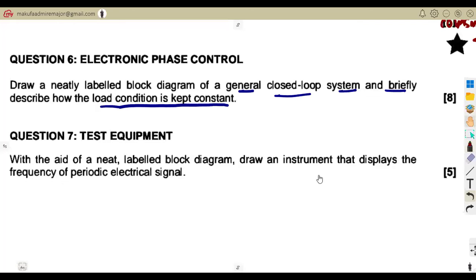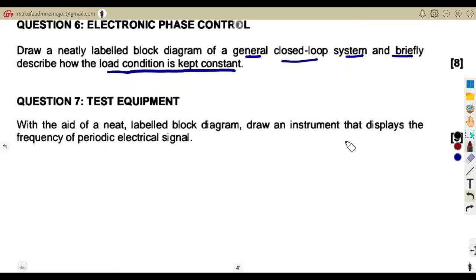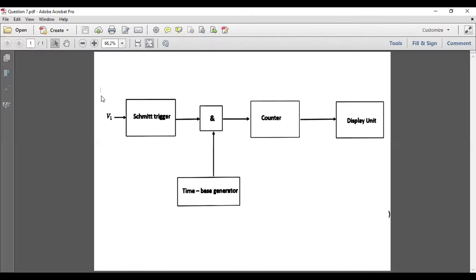On question number 7, test equipment with the aid of a neatly labeled block diagram. Again, we need a block diagram. Draw an instrument that displays the frequency of a periodic electrical signal. Remember, when you are dealing with the Schmitt trigger circuit, I'm just going to show you this so that you can have our understanding.